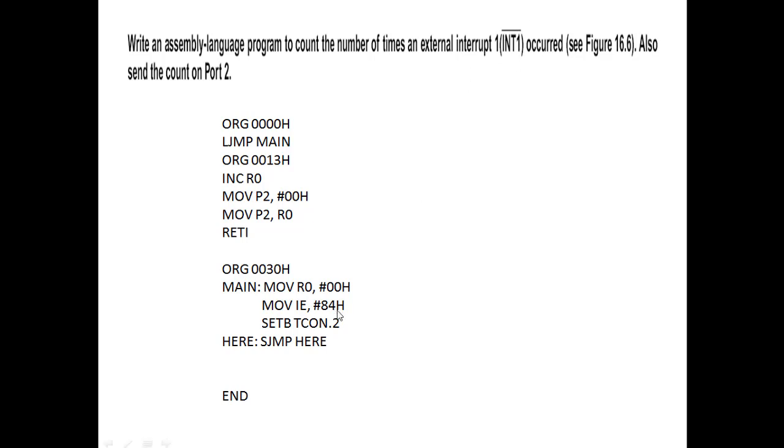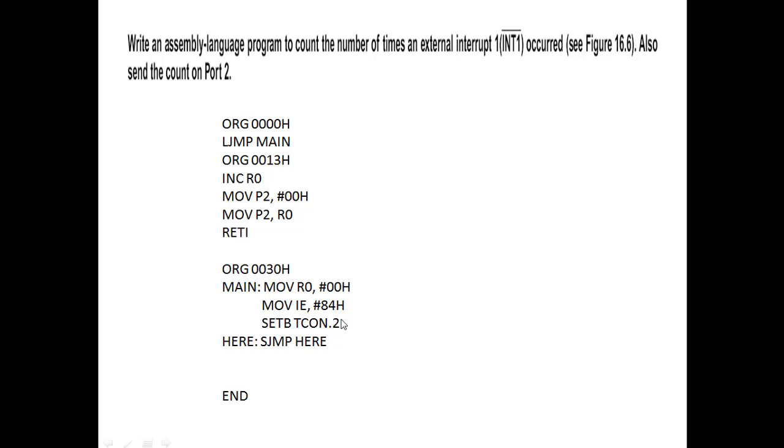Okay, after that, remember I told you it's up to you what you want: you can have it level triggered or edge triggered. As we are using it edge triggered, I told you earlier there is a particular bit in TCON, the timer control register. In this case it is bit number 2 for INT1, so we need to set it to 1. I write SETB TCON.2, meaning bit number 2 of the TCON register, counting from 0, 1, 2.